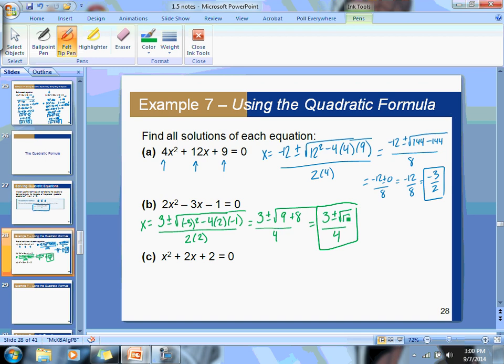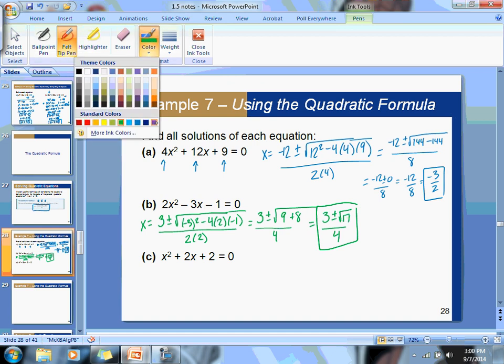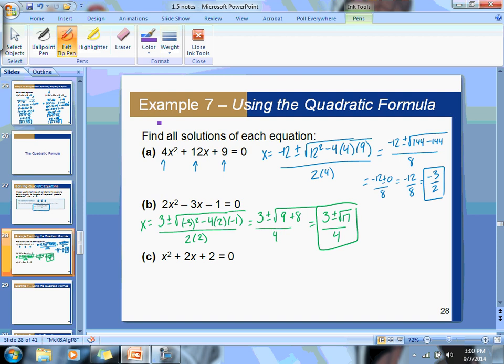Okay, now part C is going to be slightly different. Again, we have all positive values, but the type of answer we get is different from the other two that we've gotten so far. And let me change pen colors again here.